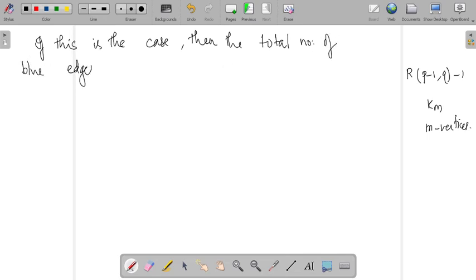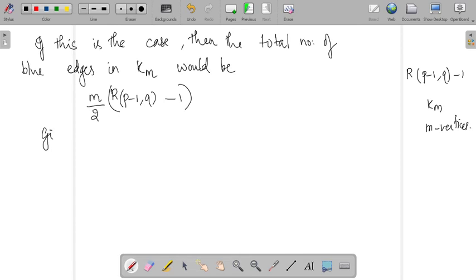With each vertex there will be R of P minus 1 Q minus 1 blue edges incident. Now when we take each edge like this, we are counting it twice. So the total number of blue edges is going to be m by 2 into R of P minus 1 Q minus 1.